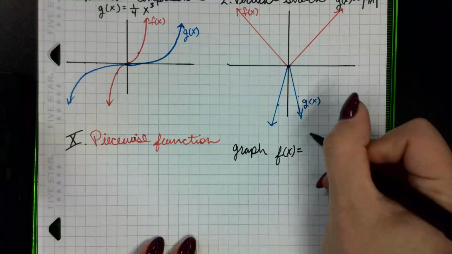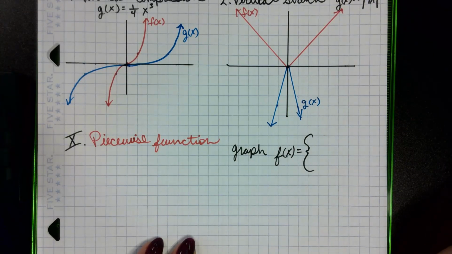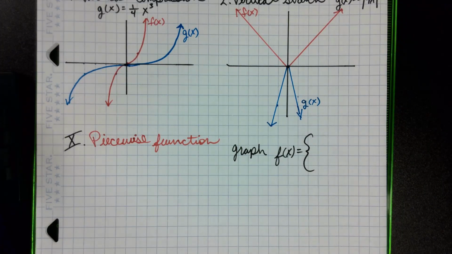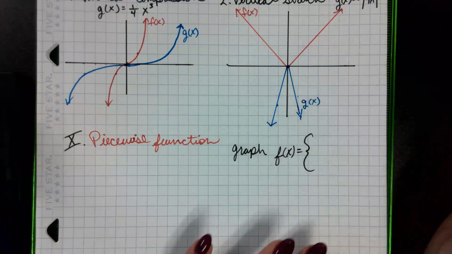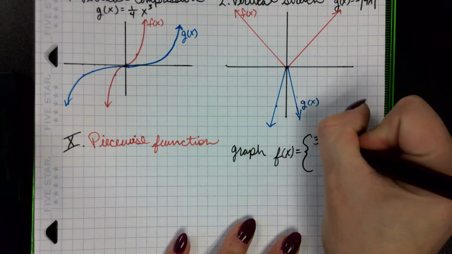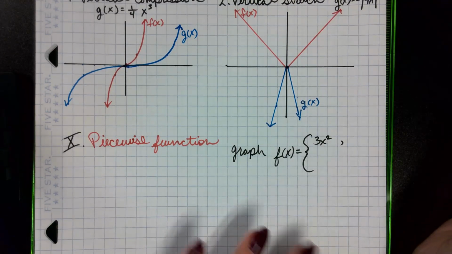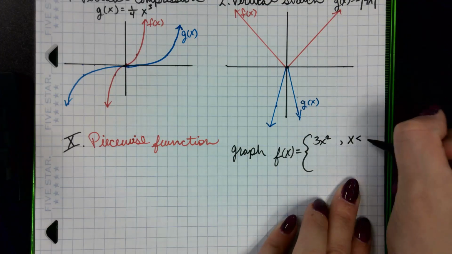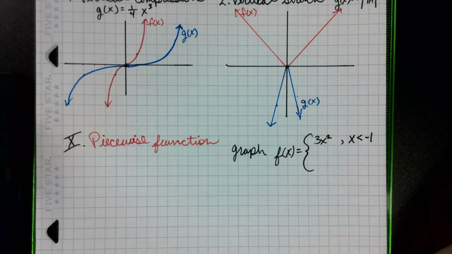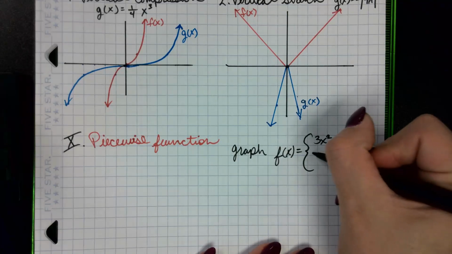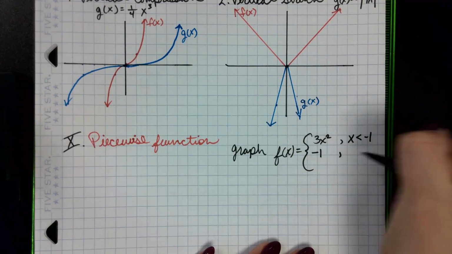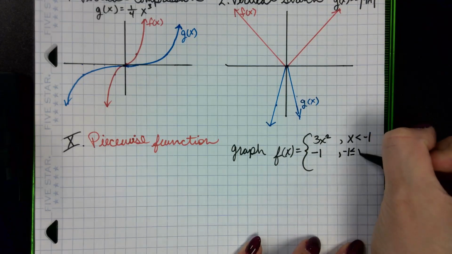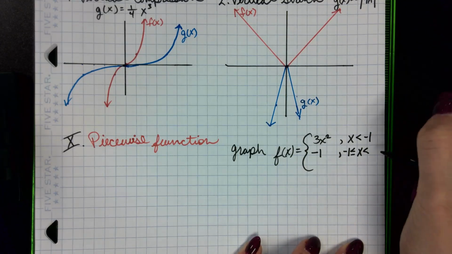equals, and since it's piecewise, we have this big set notation bracket, and there's going to be 3 pieces to it. So the first part, 3x squared, 3 times x squared, and that is when x is less than negative 1. And then the second part is just the constant negative 1, and that is when negative 1 is less than or equal to x is less than 4.